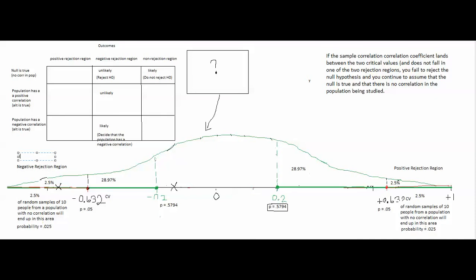That's the conclusion you reach when your sample ends up in the negative rejection region.